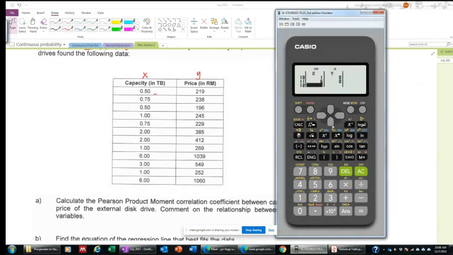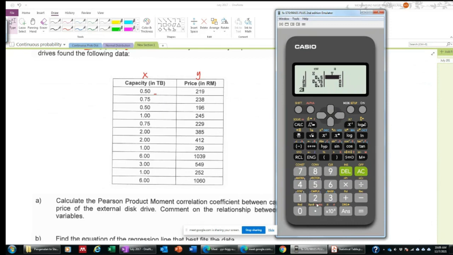One data is missing. So we check again. Since this is a calculator, we can check. This is 0.5, 0.75, then 2, 2, 1, 6, 3, 1, and 6. Alright, with the 12 data.